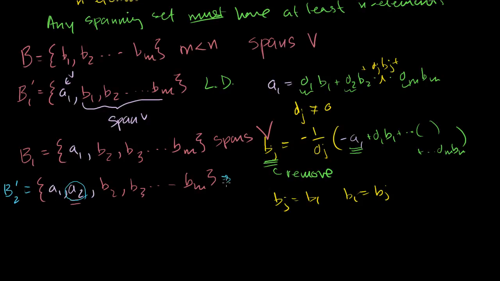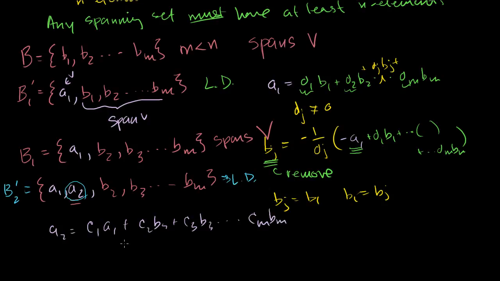So we know that this right here is linearly dependent. And we could say that A2 is equal to some constant C1 times A1 plus C2 B2 plus C3 B3 all the way to CM BM.